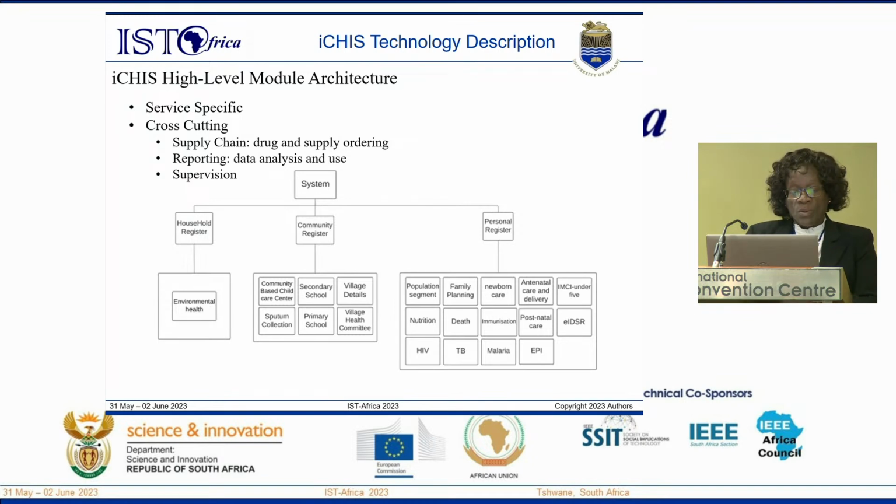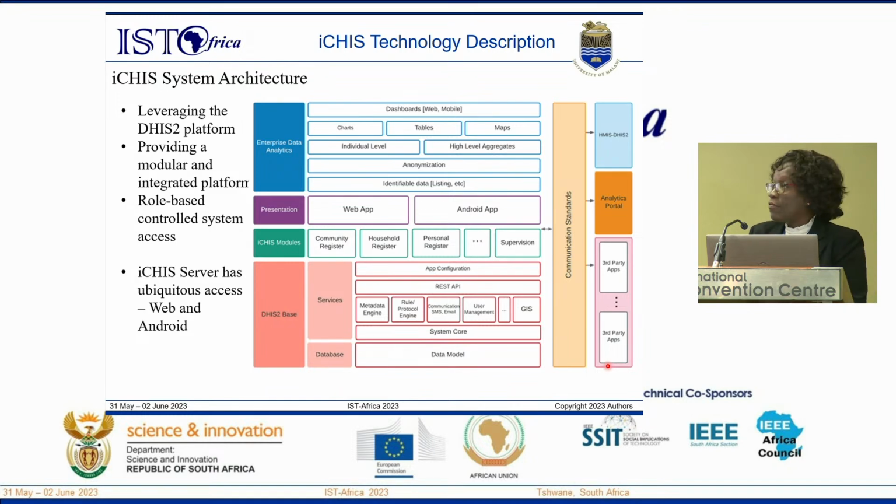So for the households, they would also collect data related to the environment. So here we have the environmental health data. For community, they would collect data related to different communities. And then for personal register, this is tagged to the different programs, be it nutrition, HIV, tuberculosis, malaria, and so on and so forth.